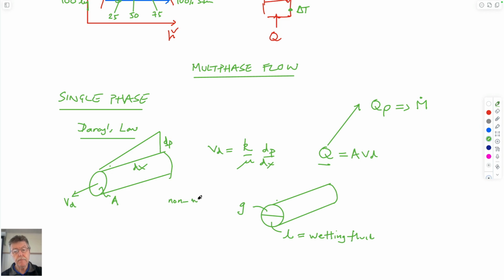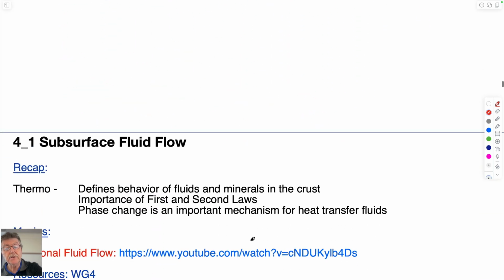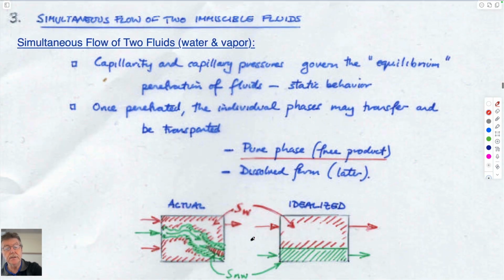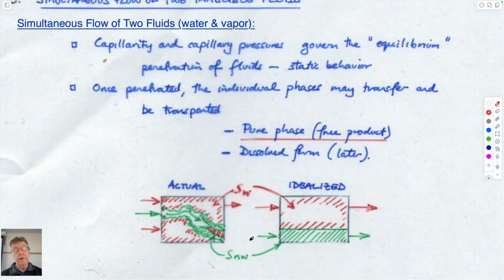And those can individually flow in the system, as velocity of a non-wetting fluid and the velocity of a wetting fluid. And together we can get the individual mass rates of these by doing this, if we know exactly what portions of the reservoir they occupy. And so that's going to be our task for today, to understand multi-phase flow.